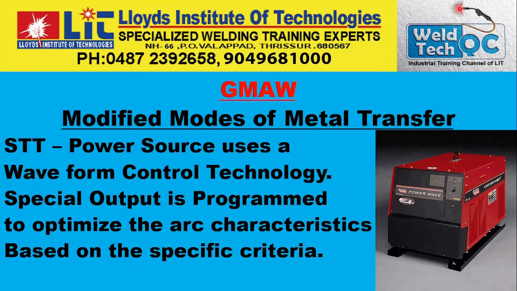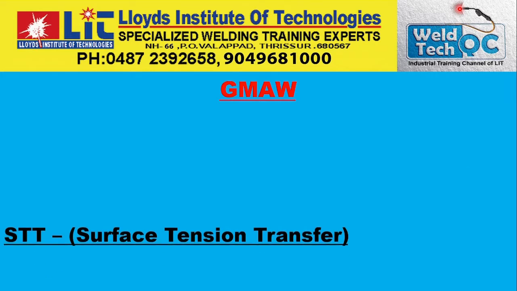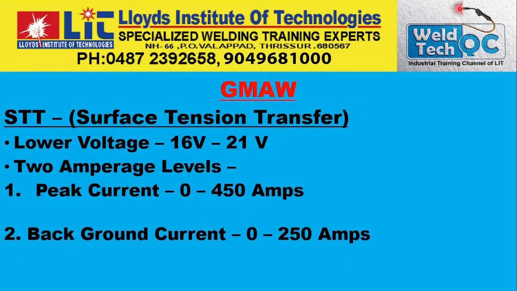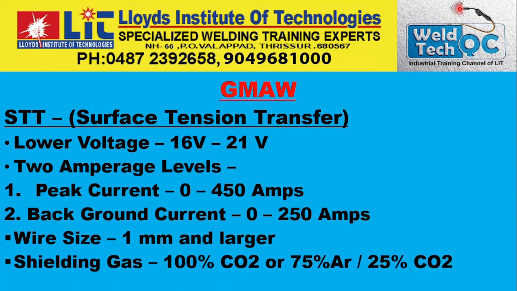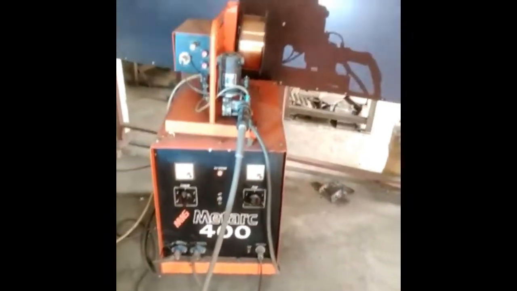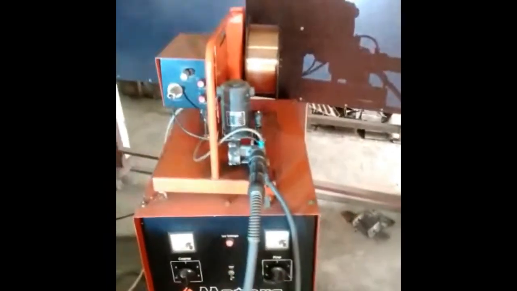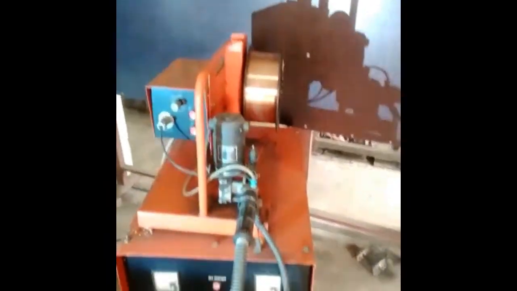Now let us explain STT, the surface tension transfer. It needs comparatively lower voltage, normally from 16 volts to 21 volts, and there will be 2 amperage levels in this power source. One is the peak current, that will be below 450 amps, 0 to 450 amps, and the other one is the background current, which will be below 250 amps.